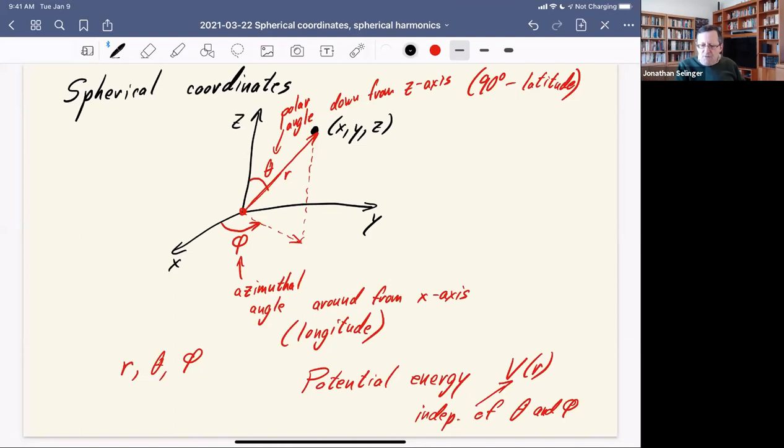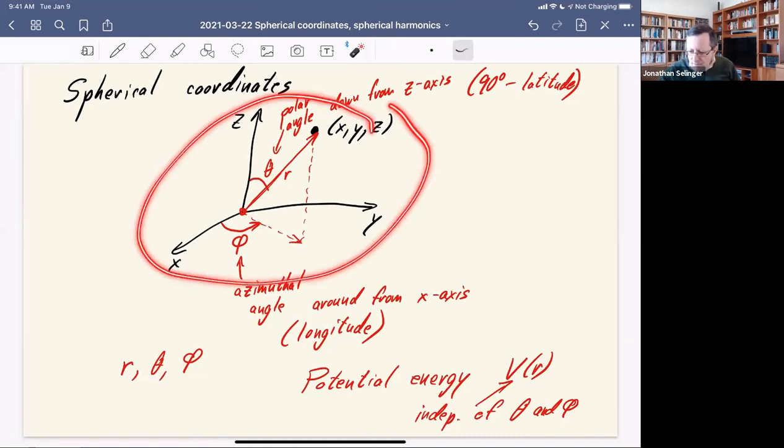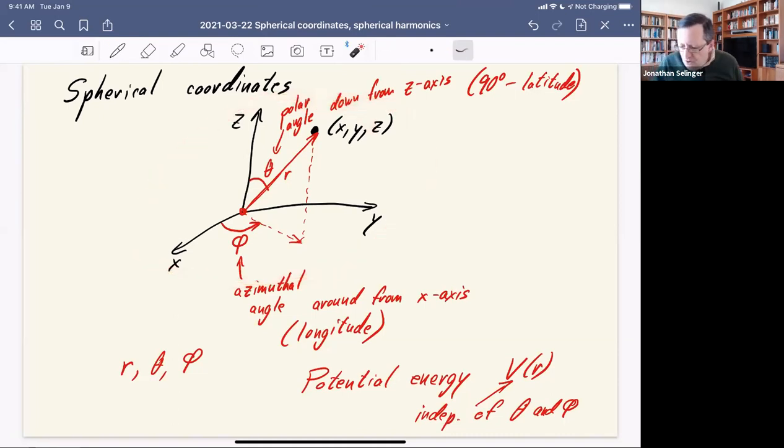So whenever you have a problem like that, it's convenient to work in spherical coordinates. That is the coordinate system that's indicated here, where one of the coordinates is the distance out from the center, and the other two are these 2 angles, the angle down from the z-axis and the angle going around from the x-axis.